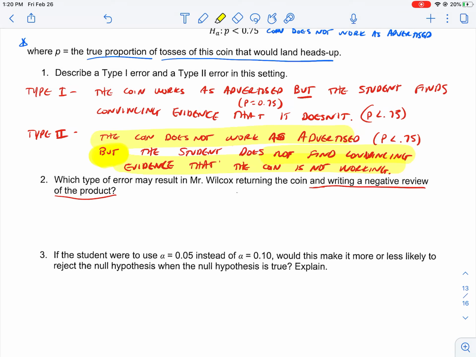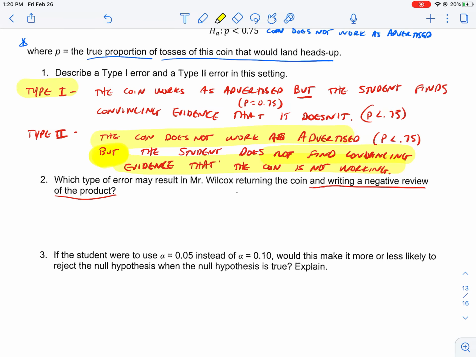So at the end of the type 2 error, they don't say, hey, it's not working. Okay? The coin actually doesn't work, but they don't say that it doesn't work, meaning they'd say that it is working. In this case, Mr. Wilcox ends up writing a bad review, meaning it works, but it's thought to not work. Does that make sense? So it works, but it's thought to not work.